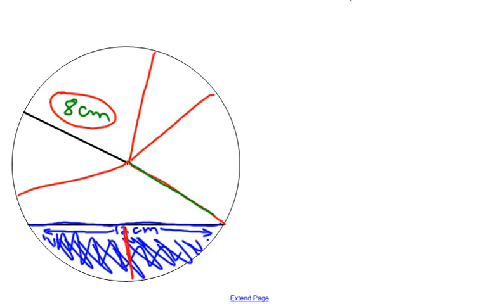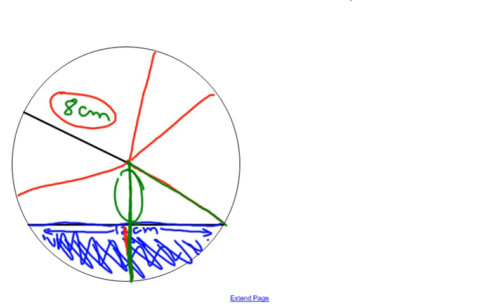I'll make it green so we can see it. So if that line is 8 centimeters, this line also is 8 centimeters. So if we can find out this portion of the line, we know that the whole distance is 8 centimeters, then we would be able to take 8 centimeters, take away this portion of the line, and that would tell us how deep the water is.